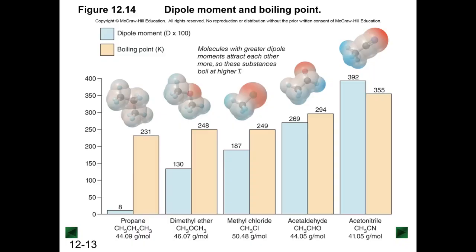For each of these molecules, the dipole is listed. This is in debyes times 100. And you can see that going from left to right, the blue bars increase, and you can see the dipole moment increases going from propane over to acetonitrile. And correspondingly, you can see that the boiling point tends to increase across this range also.